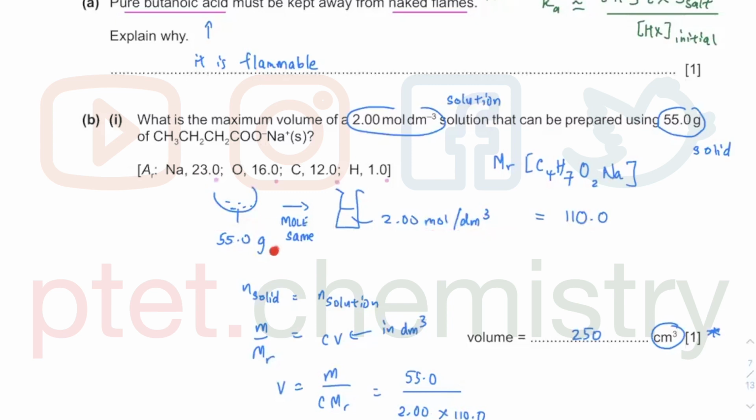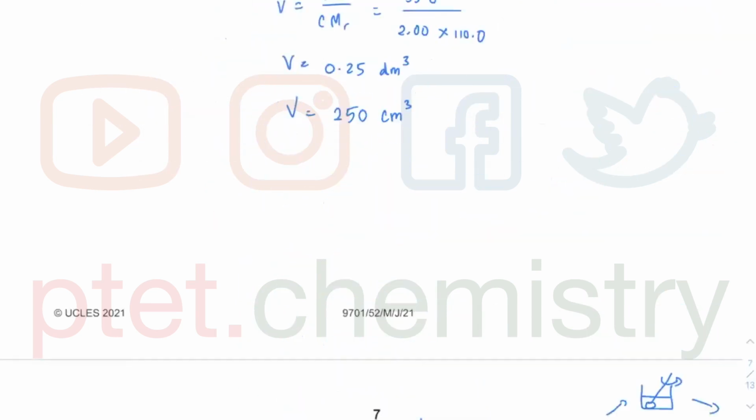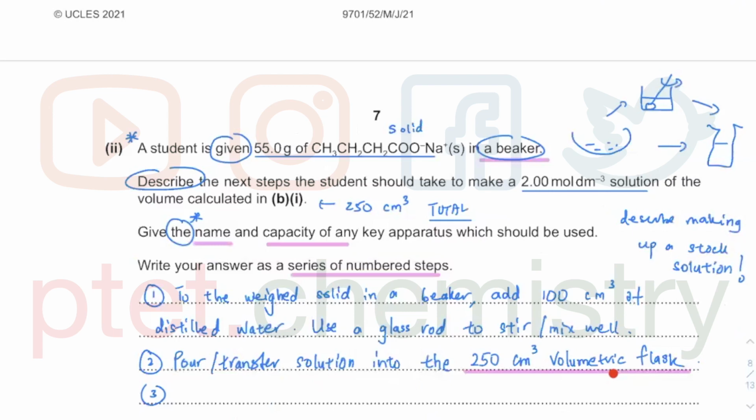This is the amount of solid that you put in, and this is the concentration you want. What is the volume needed to get this much concentration from this much solid? You calculated it based on 100% conversion, basically dissolving all of this into here. You never ever come up with any random stuff. It depends on the question.